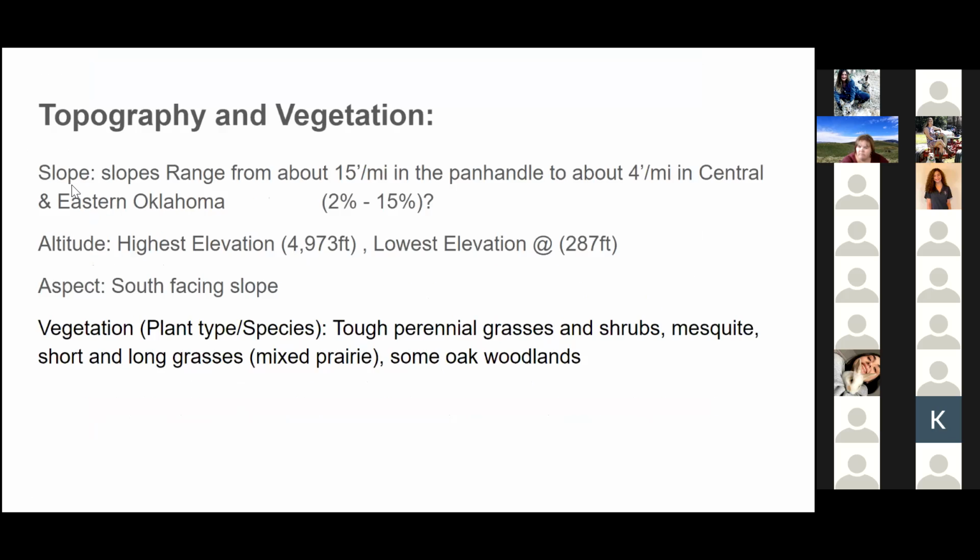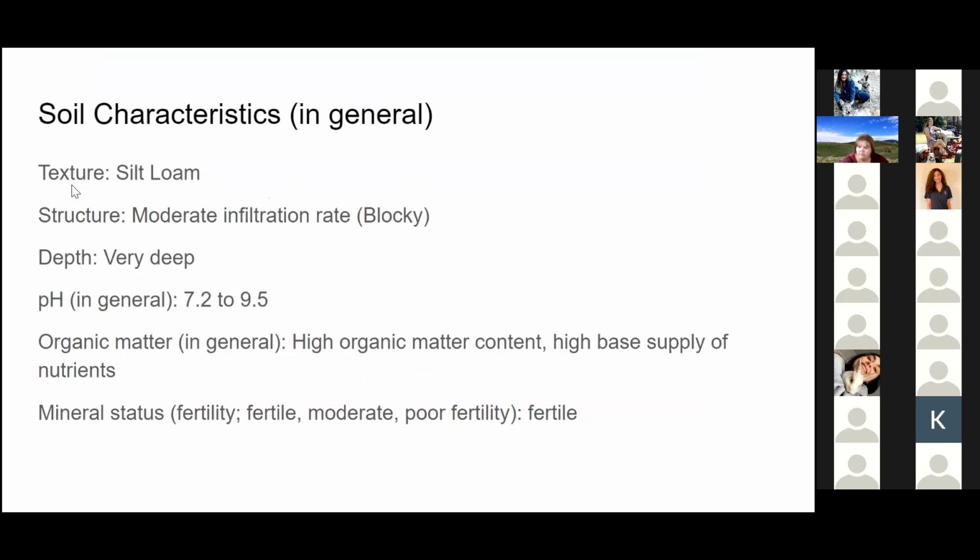Going back to that slide, it was a deep soil and a lot of organic matter. So the deeper soil is going to allow for those taller grasses and their deeper root system to grow, and then the organic matter, the soil is just going to be more suitable for them, more plant life.